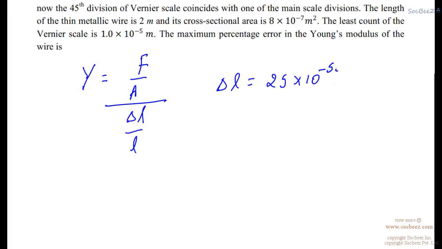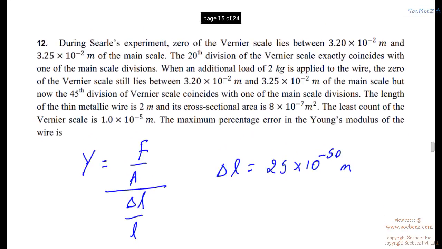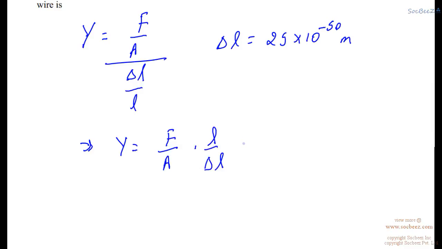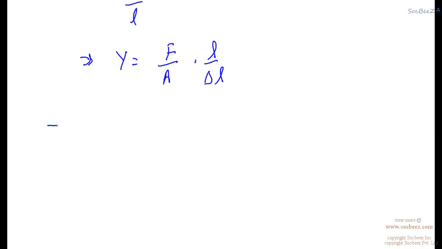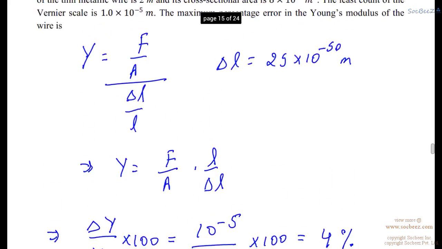And now delta L here is 25 into 10 raised to the power minus 5 meter. So now from here Y equals F upon A into L upon delta L. If we just solve it further, we will get delta Y upon Y into 100 equals 10 raised to the power minus 5 upon 25 into 10 raised to the power minus 5 into 100 equals 4%.